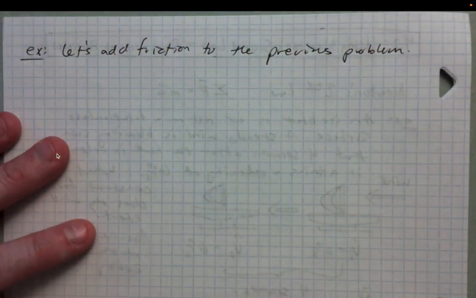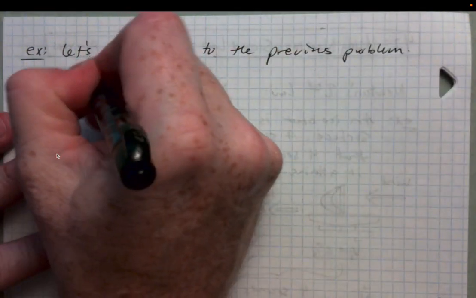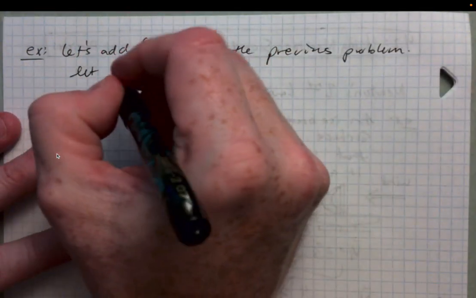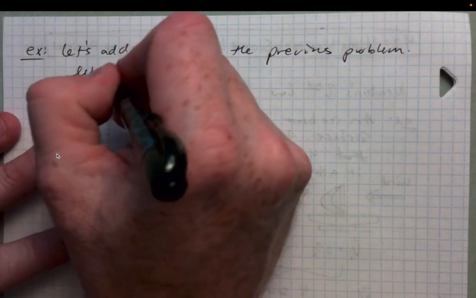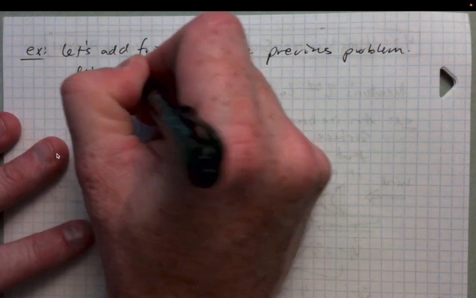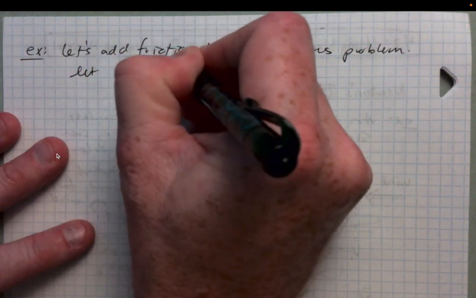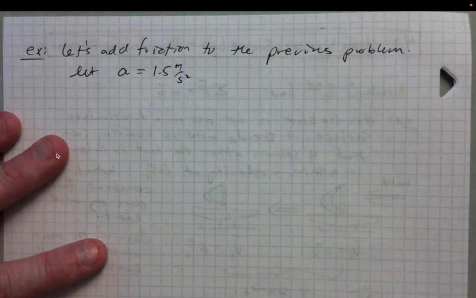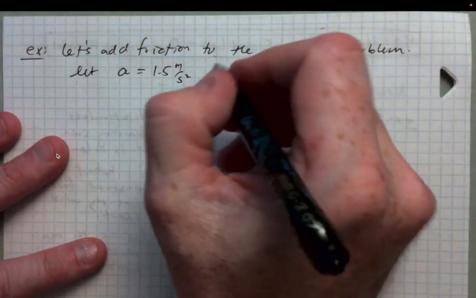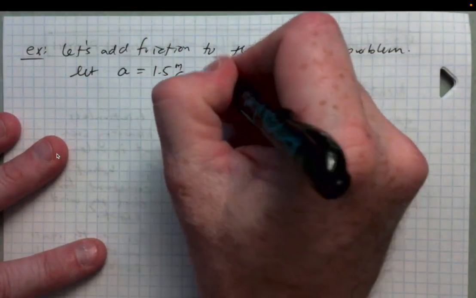Let's say the acceleration is still 1.5 meters per second squared. But now let's say there's a friction force of 100 newtons.